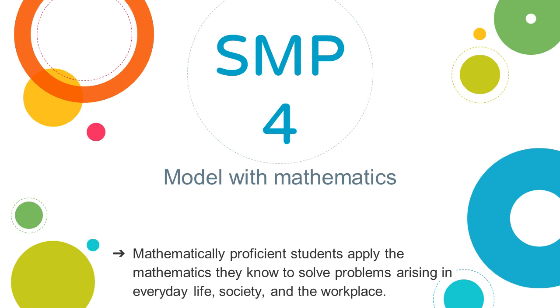Mathematically proficient students who can apply what they know are comfortable making assumptions and approximations to simplify a complicated situation, realizing that they might need to revise later. They're able to identify important quantities in a practical situation and map their relationships using, again, diagrams, two-way tables, graphs, flowcharts, and even formulas.